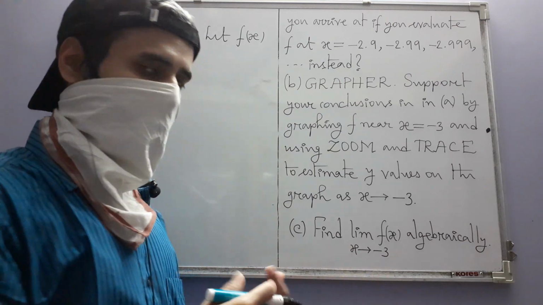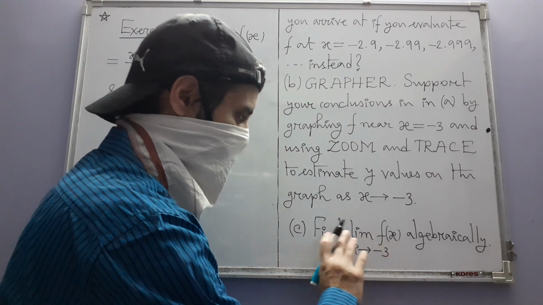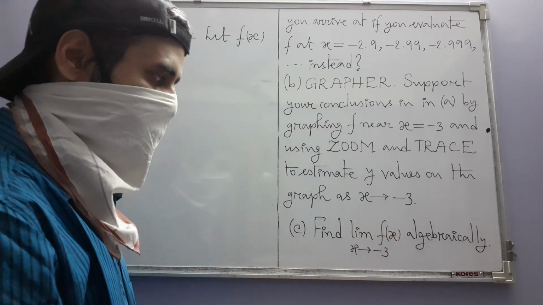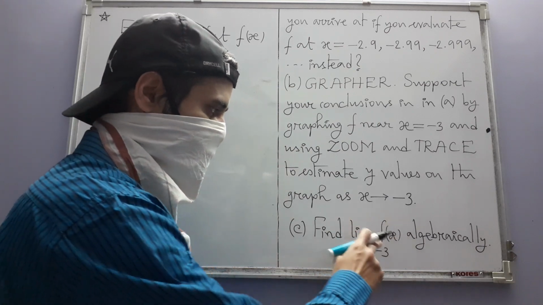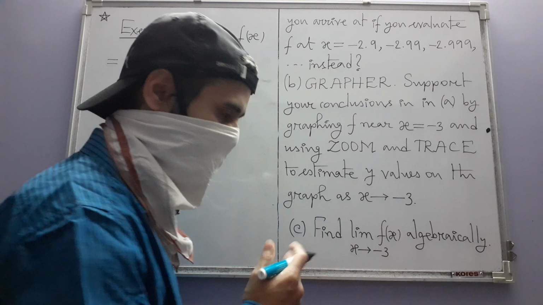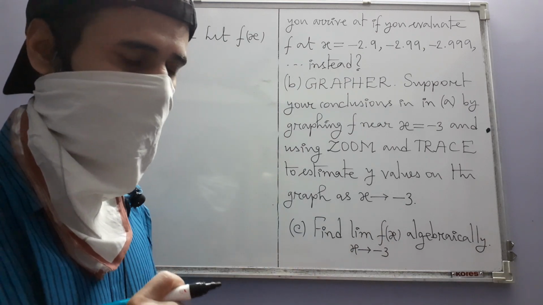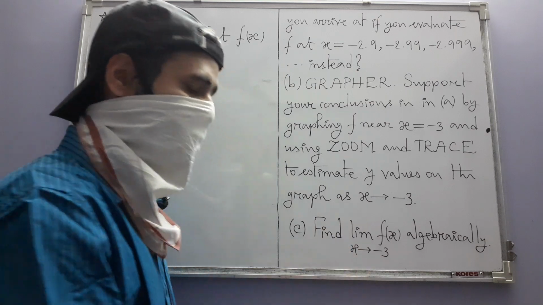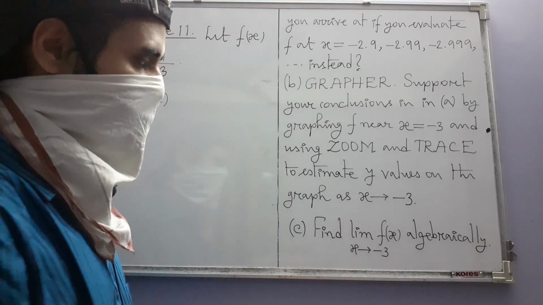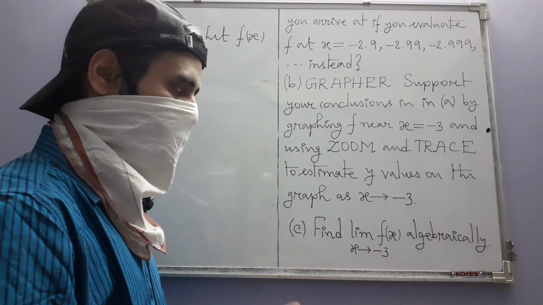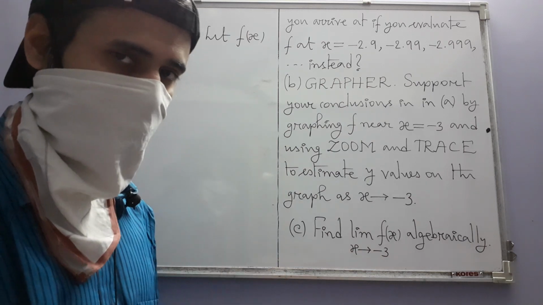Now we can recall that the value of this limit depends on the f values. The f values, of course, they only determine what the limit is going to be, but only near the point minus 3. The limit actually has nothing to do with what goes on at minus 3.